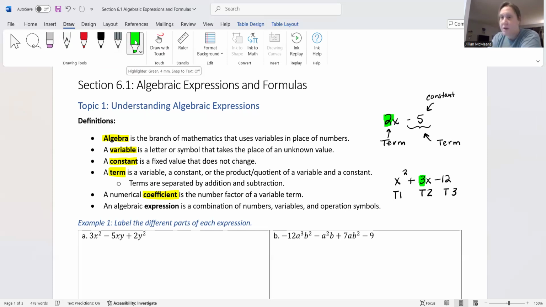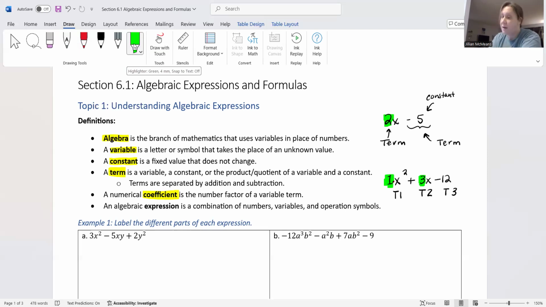But then we have something tricky like x squared. What would the coefficient be there? Well, we don't write it, but this x squared has technically been multiplied by 1. So the coefficient here is 1. Anytime you have a variable term, you have a coefficient. It can be 1, it can be -1, it can be a very obvious in-your-face number. Just know that with variable terms, the numerical factor is your coefficient.